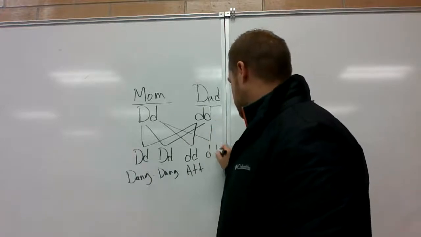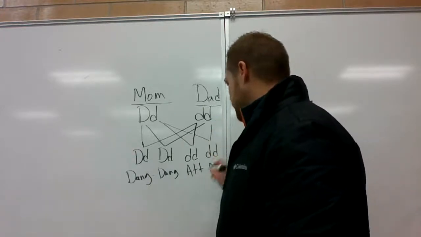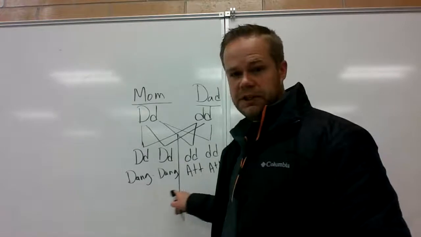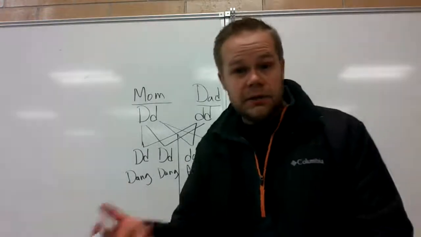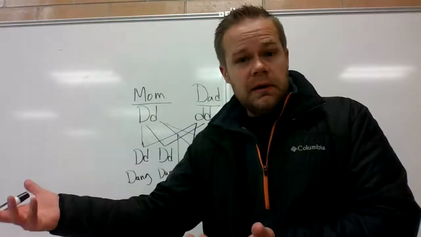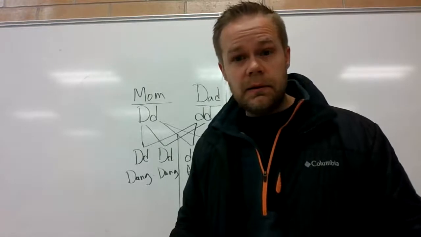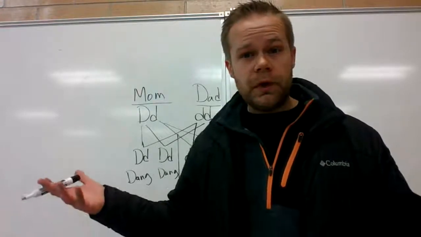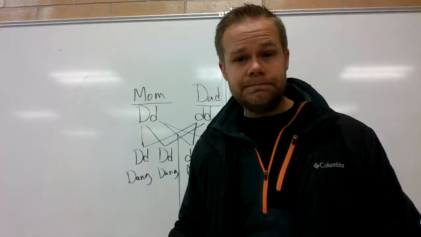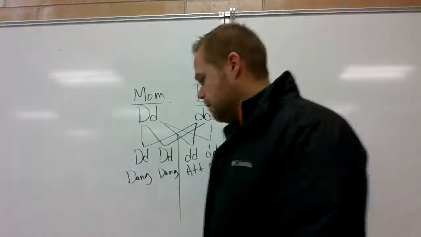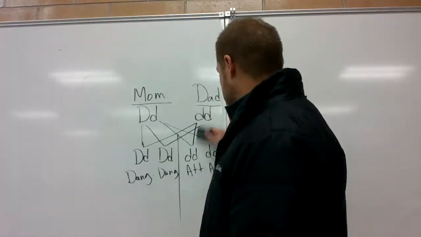And here, same thing, attached ears. You can see there's a 50-50 chance of getting attached or dangling. That makes sense. Mom has dangling, dad has attached. Okay, 50-50. Who gets it passed on, right? That makes perfect sense.